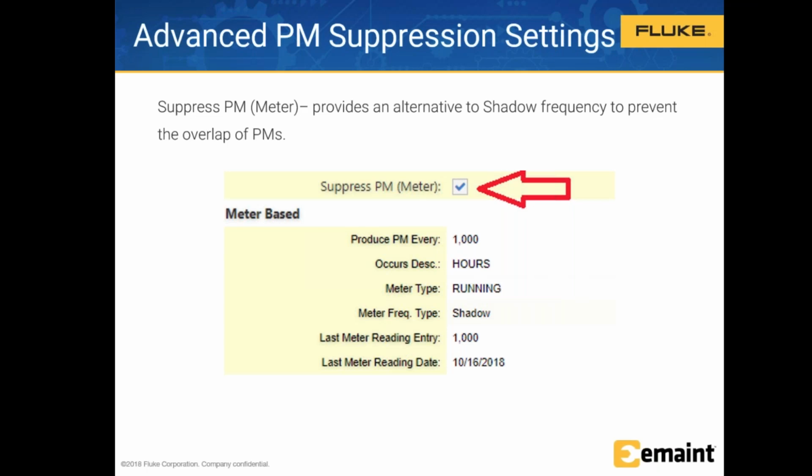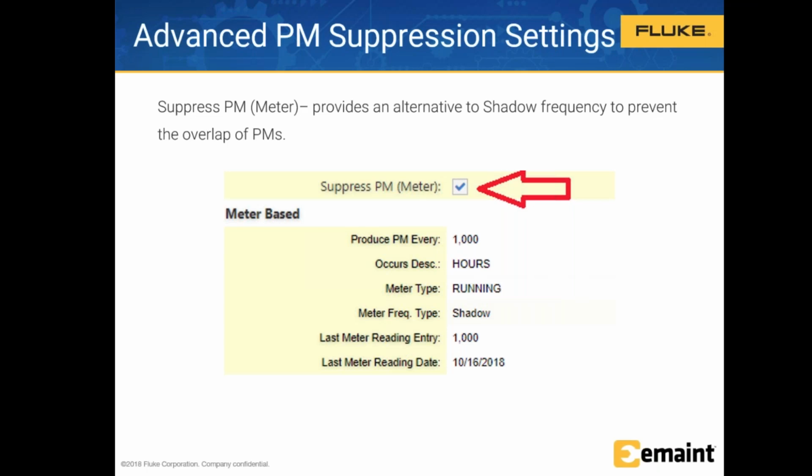What this is going to do is ensure that no PMs are generated while you have an open work order due to any meter increments. I can talk about a use case here. Let's say you have a vehicle and it hits the time for its 5,000 mile service interval.